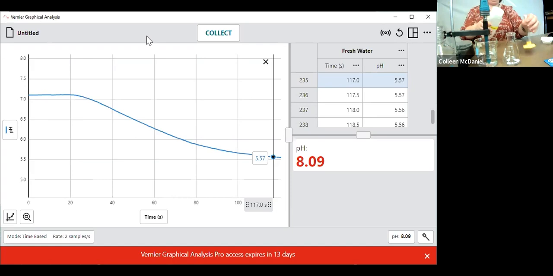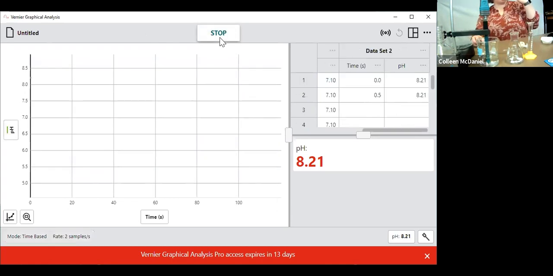All right. I'm going to do my 10 milliliters of water again. All right. A pretty good pH going here of my ocean water. It's kind of on point for what it should be. And again, I'm going to go ahead and start my data collection.